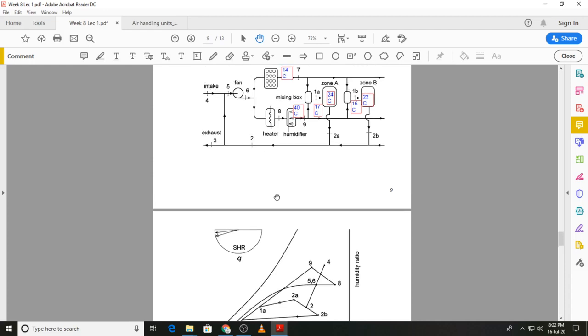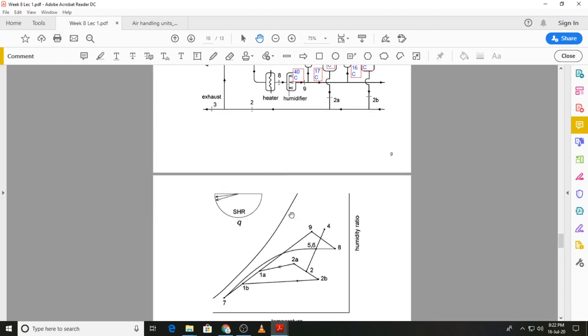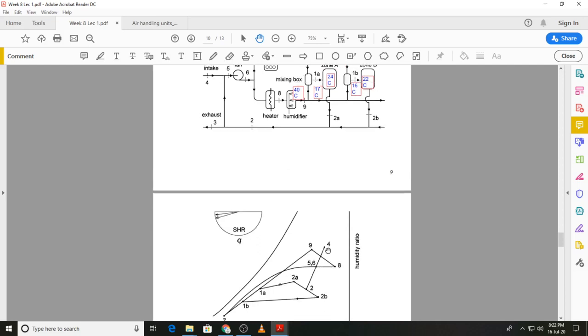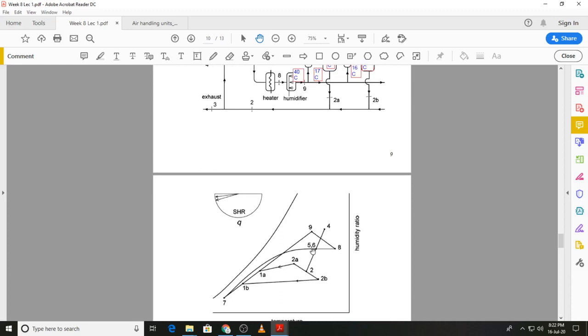Now we have the division of the air into two streams. One is cooled and dehumidified, the other is heated and humidified, and those two streams are shown by the respective processes. This is first sensible heating from state 6 to state 8 when it passes over the heating coil. Then it is humidified, and the other stream is cooled and dehumidified to state 7.